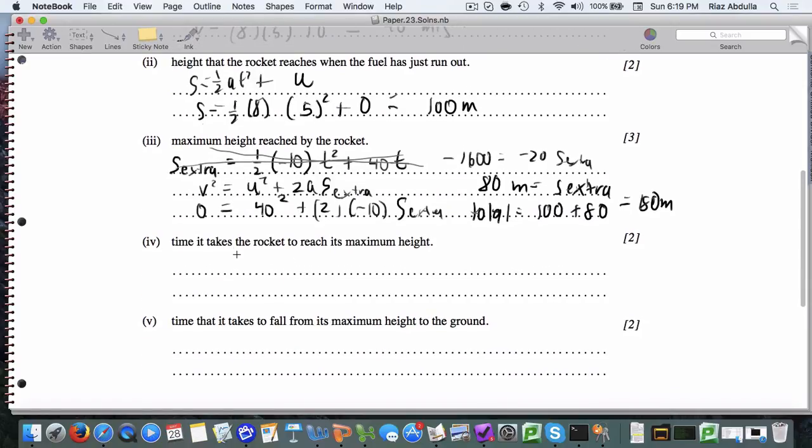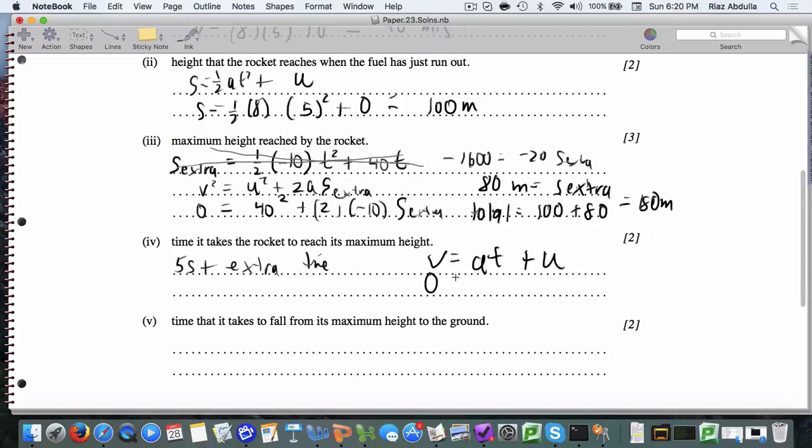Now the time to reach the maximum height, that's going to be the 5 seconds plus the extra time. So let's figure that out. V equals AT plus U. Sorry about that.